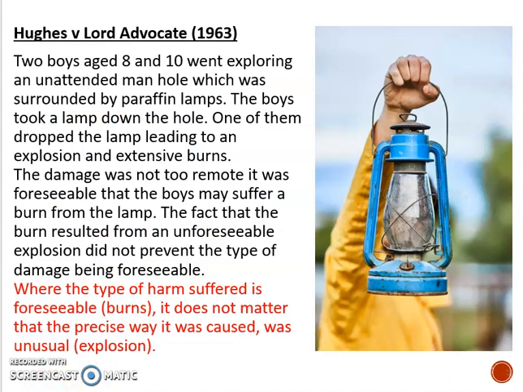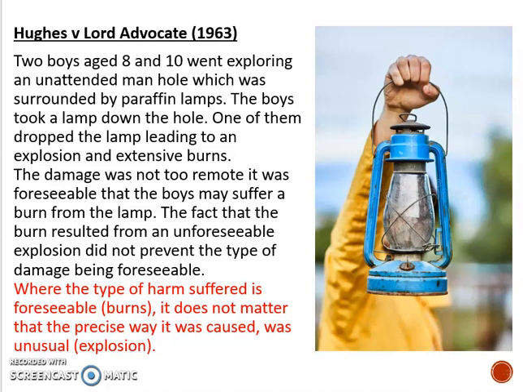Similarly, in Hughes v Lord Advocate, there was a similar situation where boys took a paraffin lamp down a hole and there was an explosion and they suffered burns. And the defendants here, who were arguing that they weren't negligent, were saying that the burns were caused by an unforeseeable explosion.